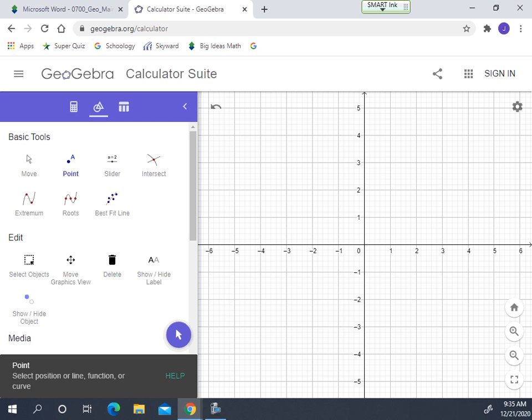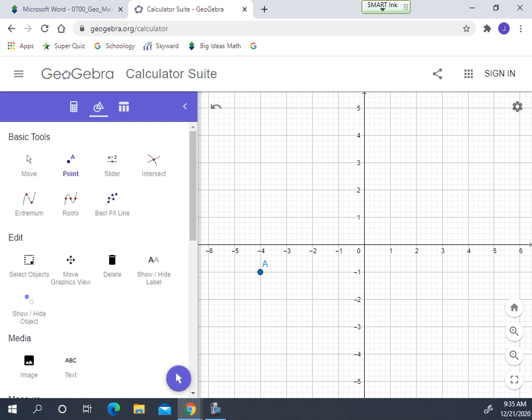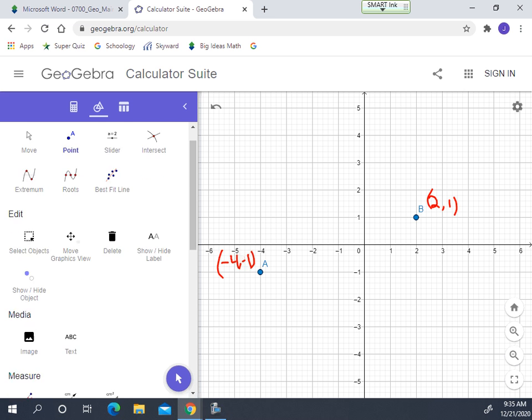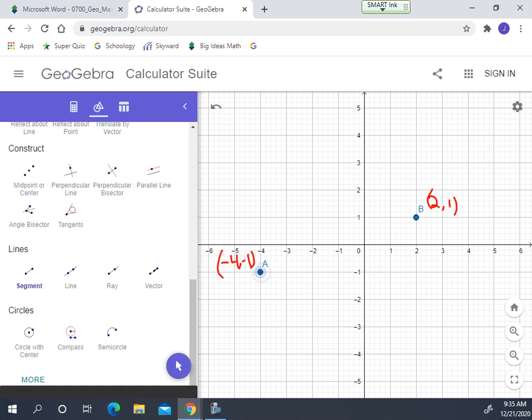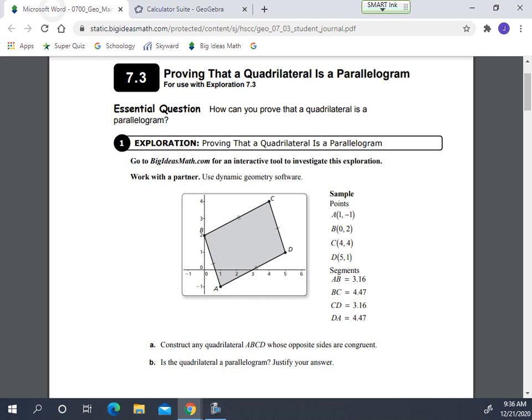Let's just call the point, let's call it -4, 1. And a point at 2, 1. Okay, now we need a segment between A and B. What do I have to do?